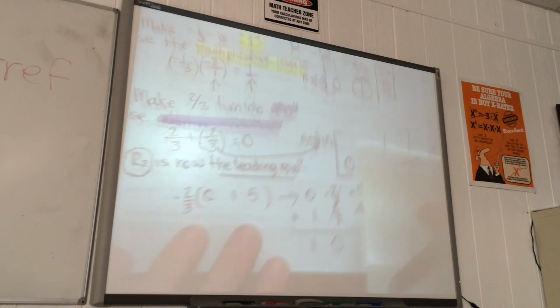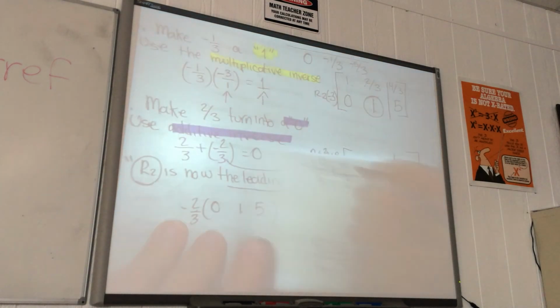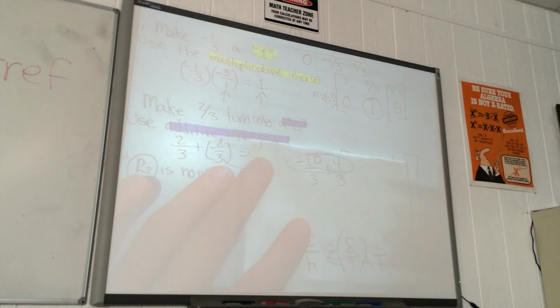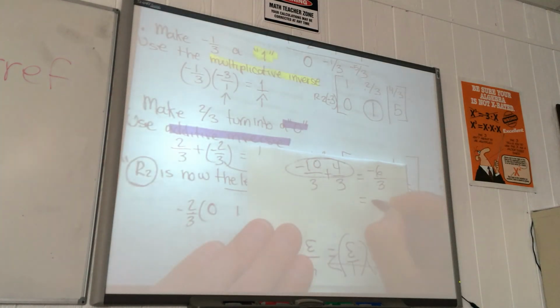Negative 10 thirds plus 4 thirds. You combine the numerators, so negative 10 plus 4 is negative 6. So negative 6 thirds. Could we reduce that into an integer? Or we divide? Yes. What is that? Negative 2.